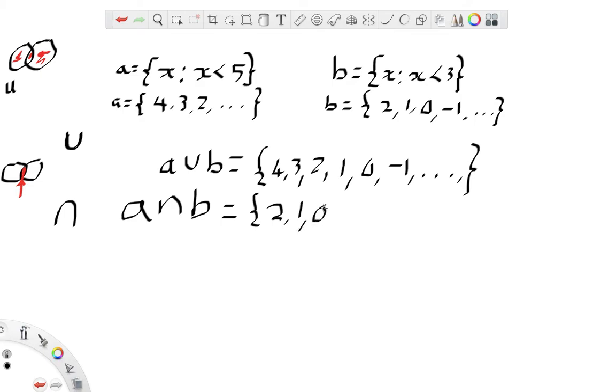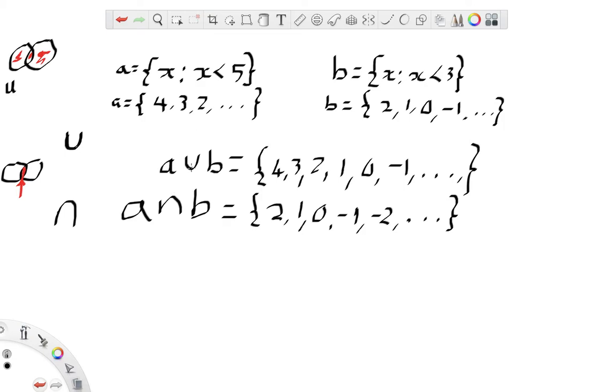So we find that every number less than 2 would be in the set A intersect B.